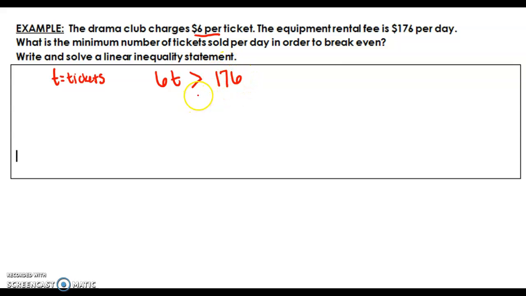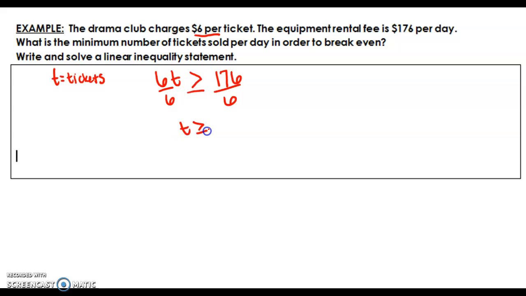Now I have to ask myself, can it be 176? Can I have this greater than or equal to? Sure. If I have the greater than or equal to, that just means I break perfectly even. So now I'm going to solve this by dividing by 6 on both sides.